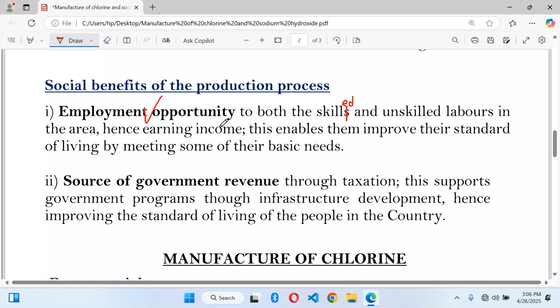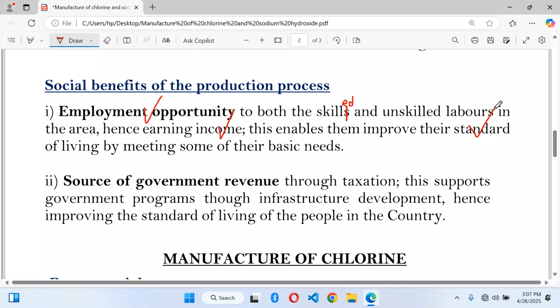So they earn the what? Income. When they're employed, they earn income. This enables them to improve their standards of living, meeting some of their basic needs. So when they earn income, then their standards of living also become better. So you get all your 3 scores.